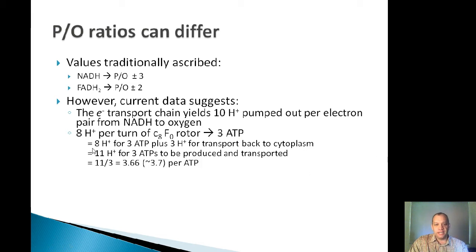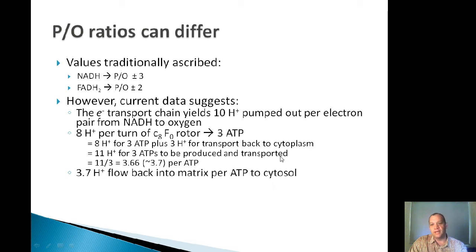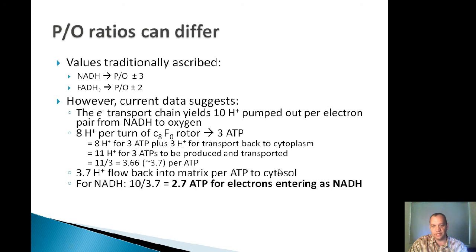Now if we divide 11 by 3, we have 3.66 repeating, let's call it 3.7 protons that have to be used for every ATP that is produced and transported back into the cytoplasm of the cell. So 3.7 protons flow back into the matrix per ATP produced and transported to the cytosol.